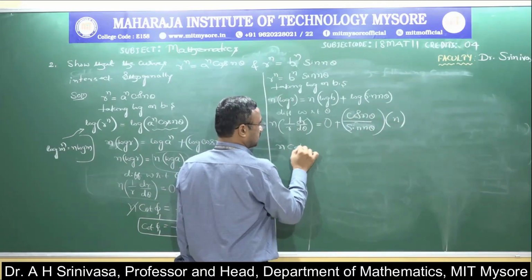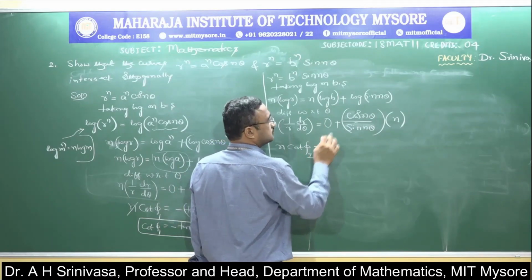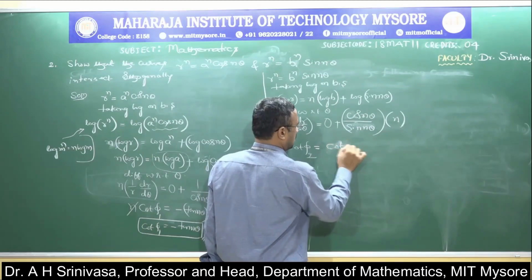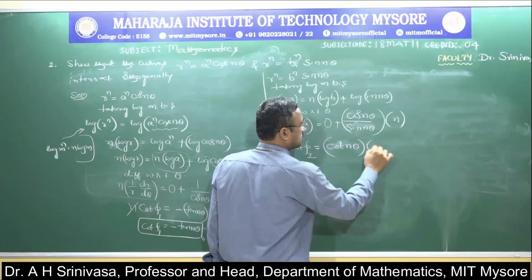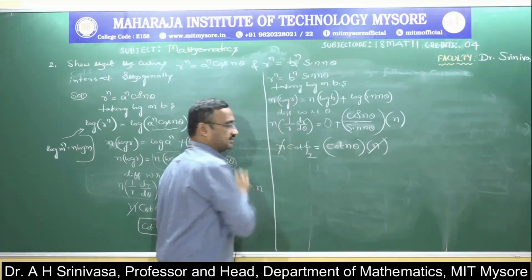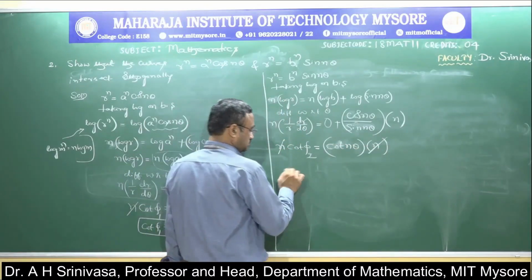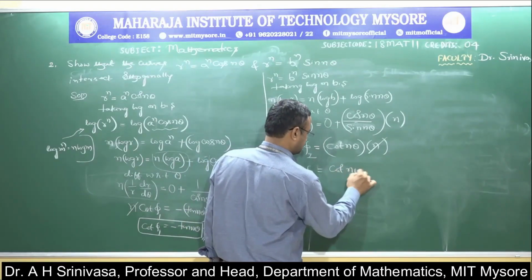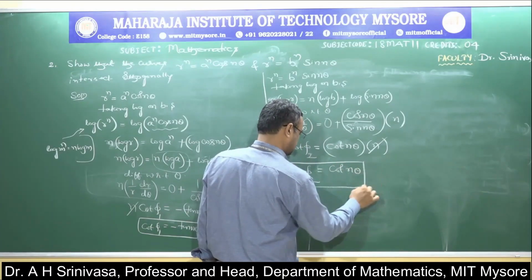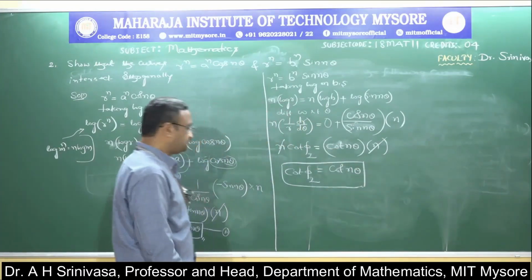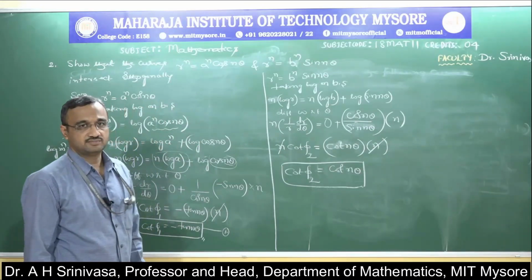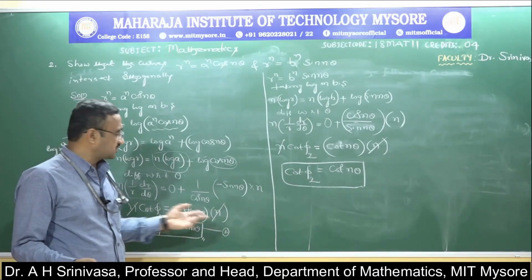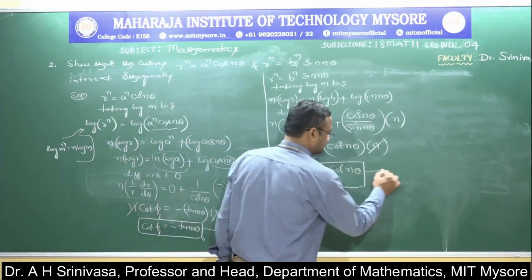This one we call cot phi 2. Then cos divided by sin becomes cot n theta, into n. Now cancel both n. Now we get cot phi 2 is cot n theta. Call this equation number 2.